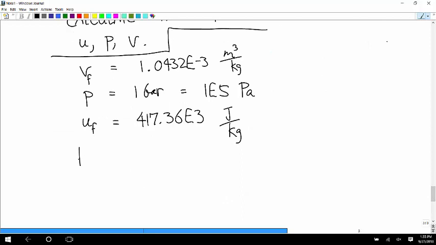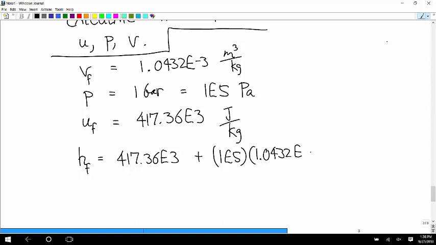So the enthalpy for the saturated liquid is equal to the internal energy, 417.36 times 10 to the third, plus the pressure times the volume, so that's 1 times 10 to the fifth, times 1.0432 times 10 to the minus third.